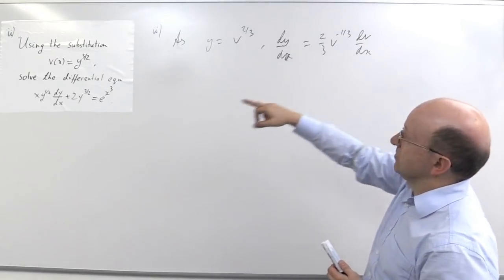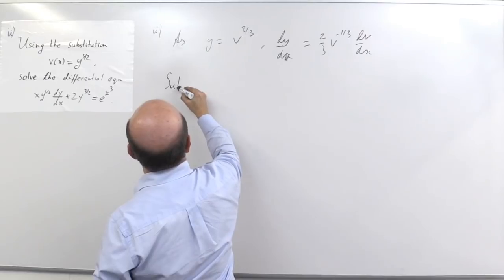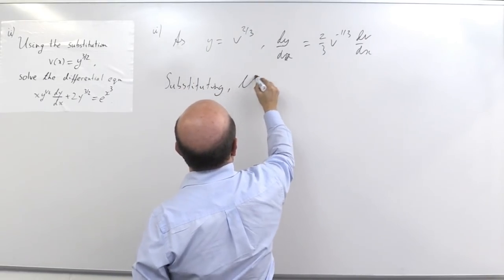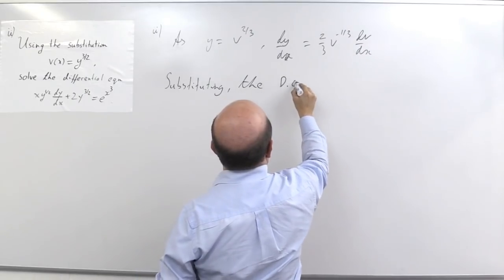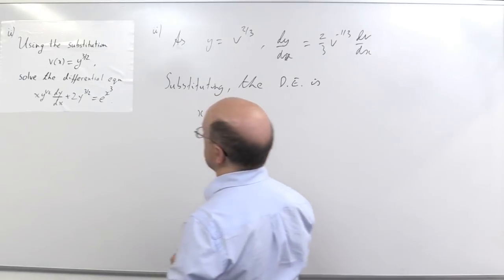So this now allows us to just substitute straight into the differential equation. The DE is, well, x times y to the half.